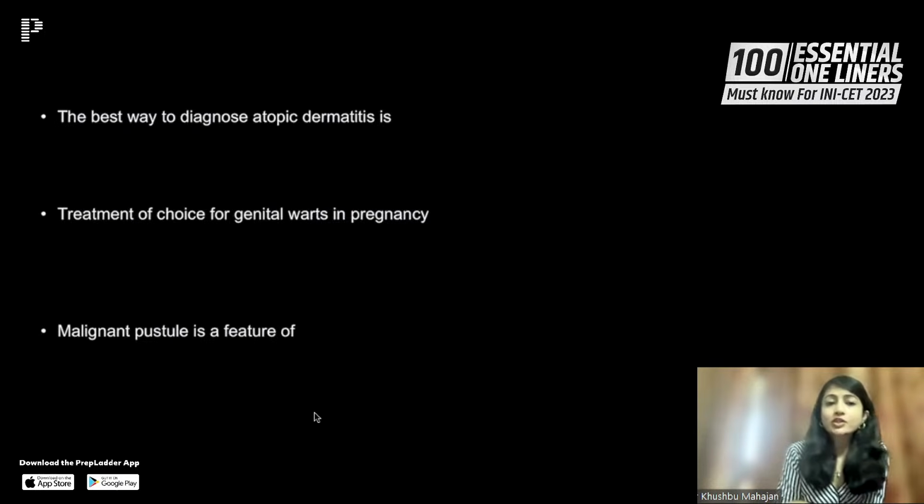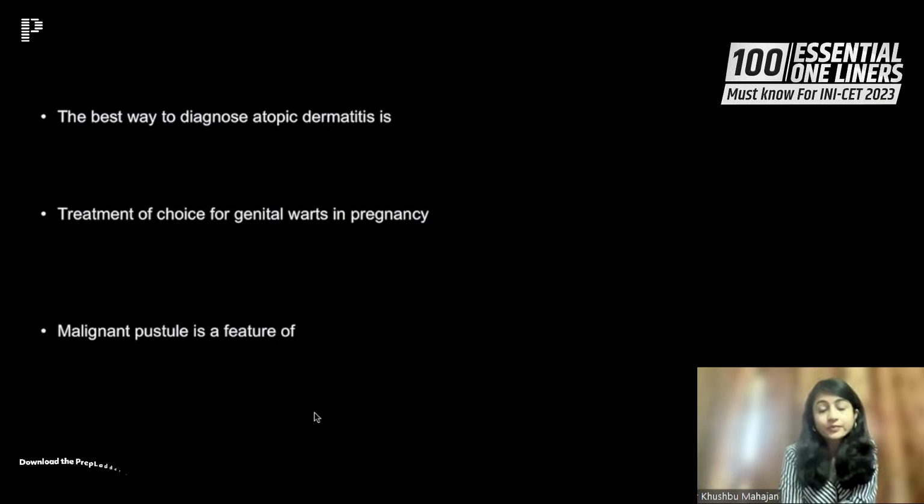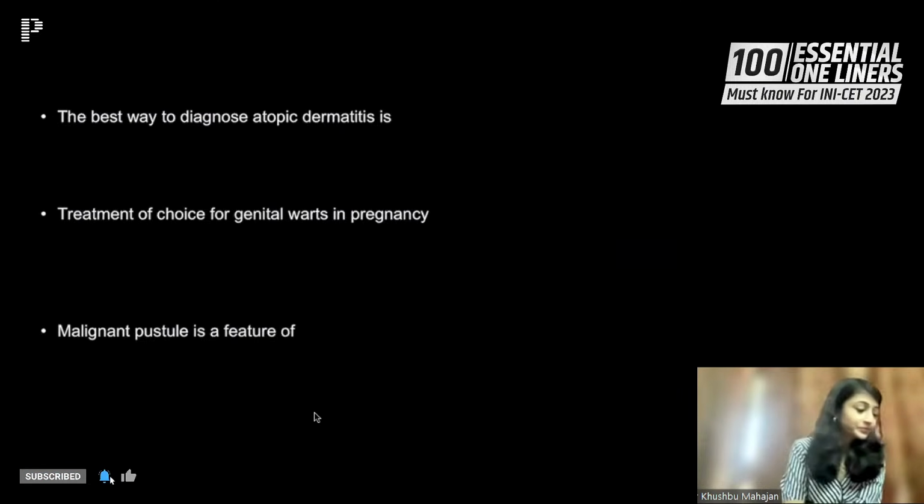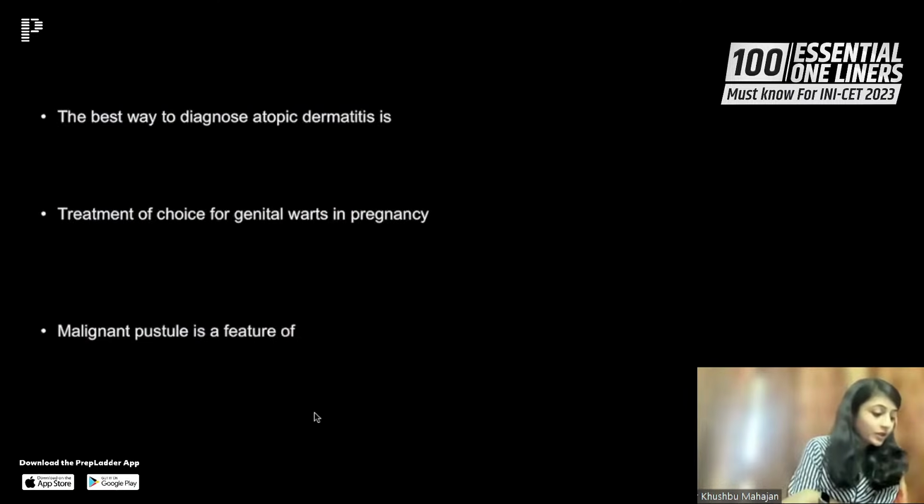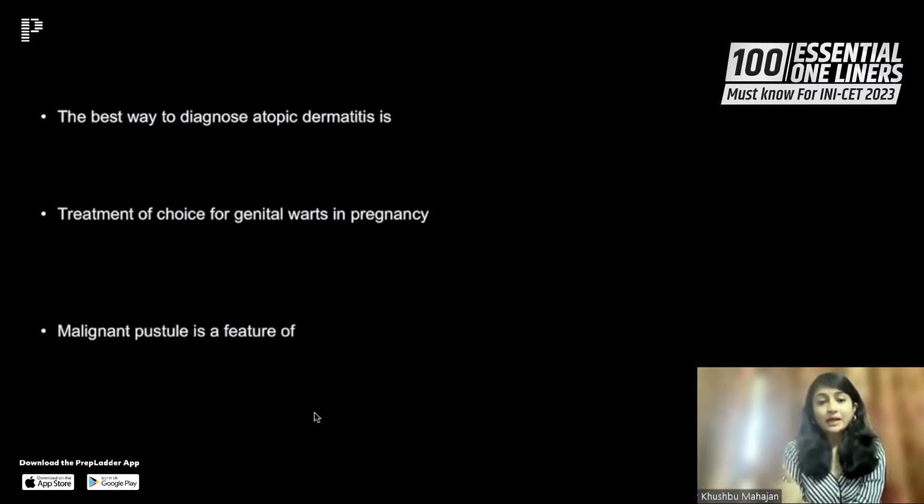Right. Next question. Best way to diagnose atopic dermatitis is? You all are very well prepared. I'm so glad to see that. Okay, so it is not patch test.